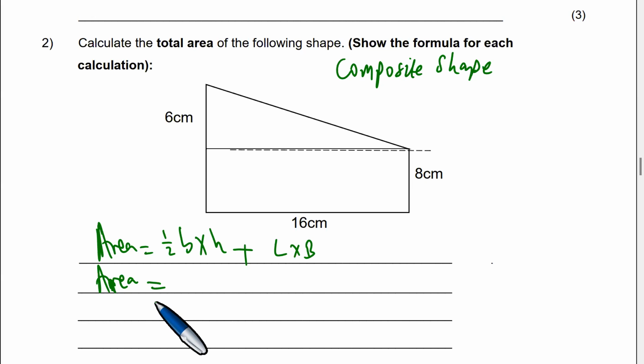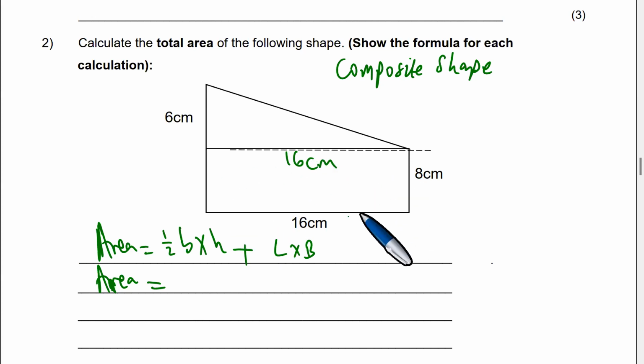We use this formula because the top is a triangle. So if the top is a triangle, then we have base by height. Because this is 16, this is also 16, because the bottom is a rectangle. It's rectangular in shape.